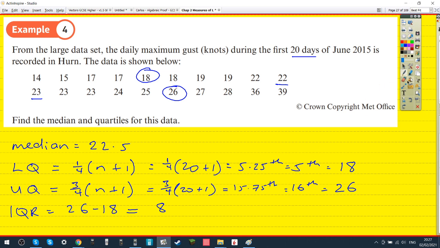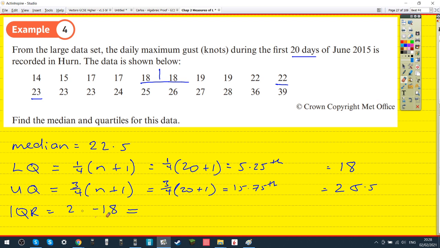You would just take halfway between the 5th and 6th. So that's how you do that. Halfway between the 5th and 6th, they're both 18, so it's 18. However, halfway between the 25th and the 26th would be 25.5. And so overall the interquartile range would be 7.5, I believe.